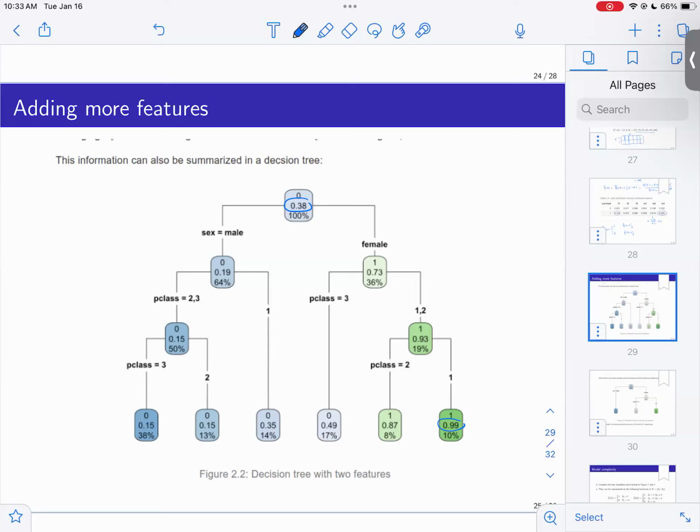That's the probability of surviving given that the person is male. At this level, I'm just classifying based on one feature. As you go down, you can classify based on more. So this is a very nice pictorial way of summarizing that conditional distribution at different levels and also the classifiers.